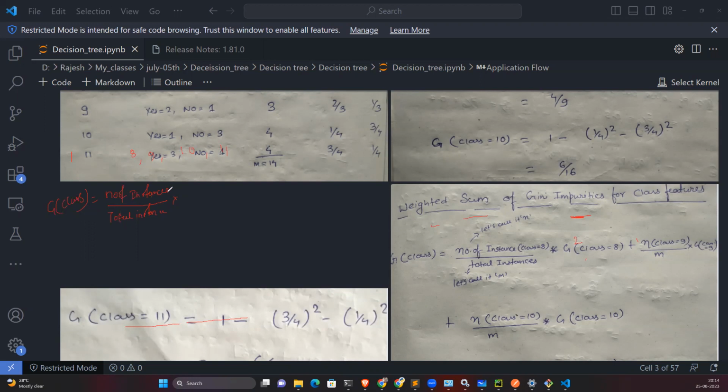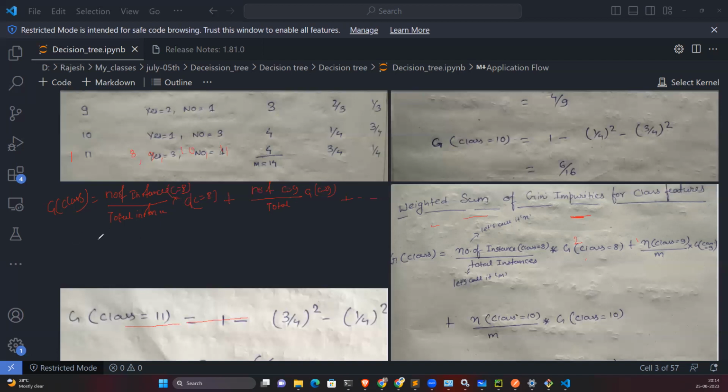So number of instances of class 8. This will be class equal to 8. I'm writing here, into Gini indexing of class equal to 8, plus similarly number of instances of class 9 divided by total instances into Gini indexing of class 9.